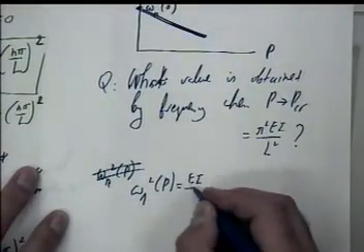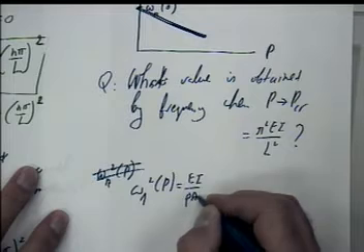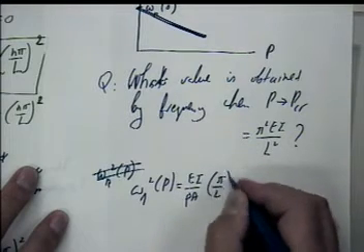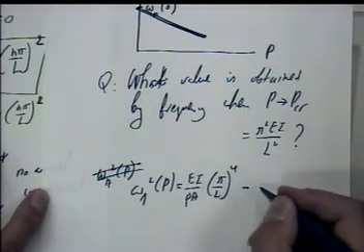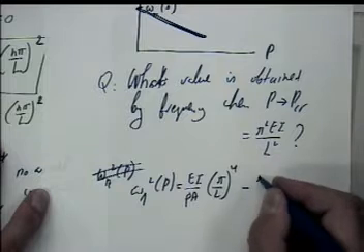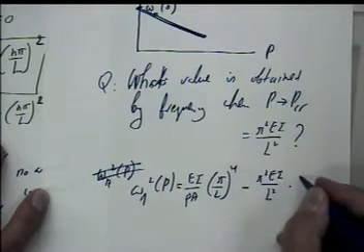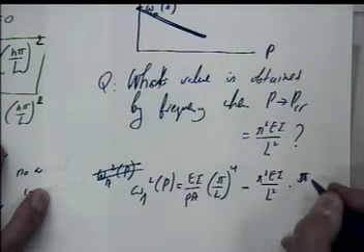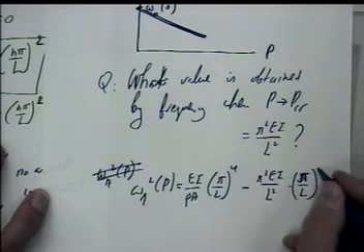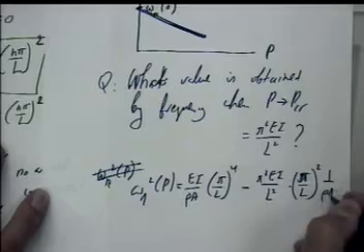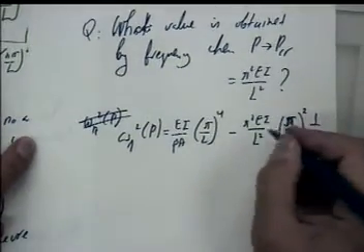EI over rho A pi over L to the fourth power minus P. P is pi square EI over L square, times pi over L squared and 1 over rho A. I just substituted.